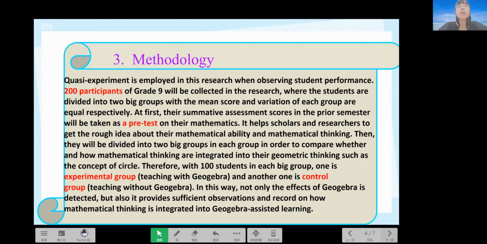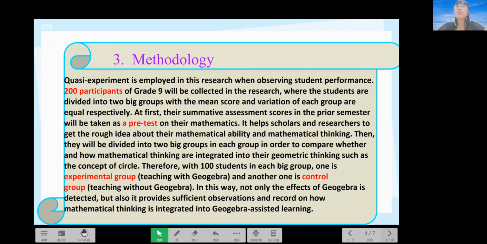Therefore, with 100 students in each big group, one group is called the experimental group. In this group, the students will be taught with GeoGebra. Another group is called the control group. In this group, the students will not be taught with GeoGebra, but in the traditional way.